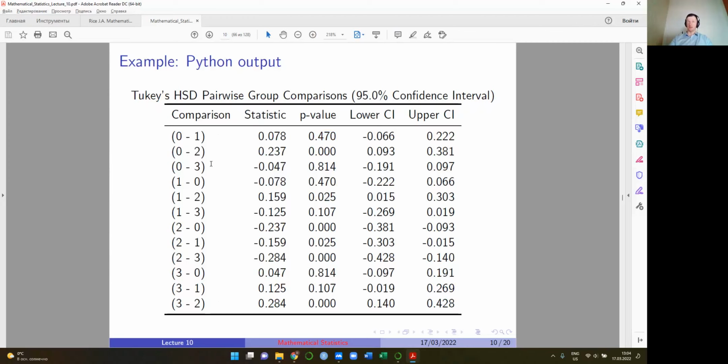But in the next step, when we compare well 1 and well 3, if we believe that both wells produce the same amount of oil, the probability to obtain this sample difference is almost 0. It's not 0, but it's a very small number, which means that it's a very low probability to obtain this difference.